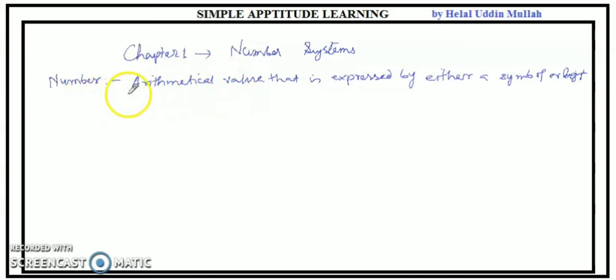So in number system we have a term named face value. The face value is the value of the digit itself, irrespective of its position in the number.